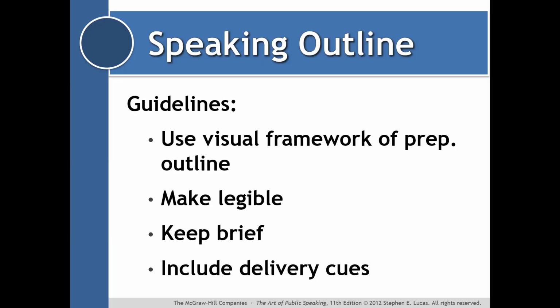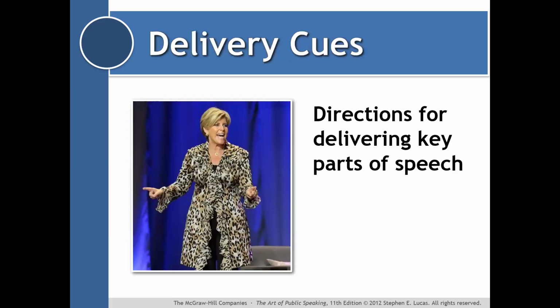That's also why we don't like to use printed out pieces of paper, even if we cut them smaller, because they're thin and they stick together. If your fingers are sweaty, they make a lot of noise when you're pulling them apart. So there's a reason for all of these requirements. And again, delivery cues are directions for delivering key parts of the speech. So if I were to write slow down in a part where I really want to make sure that I do, or speak up, really anything, whatever is significant to the speaker would be considered a delivery cue if it has to do with how you want to say whatever it is at that moment.